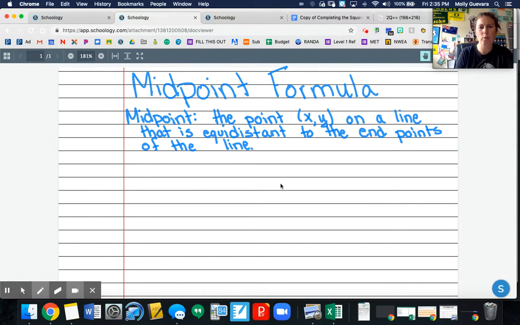So it's a point right smack dab in the middle. It has to be on the line, and it's equidistant from the ends of the line.